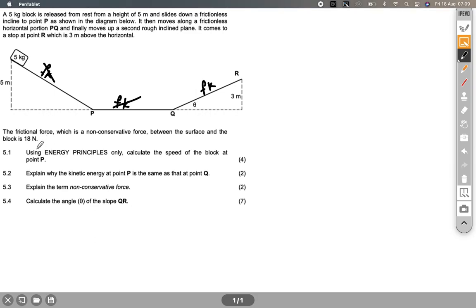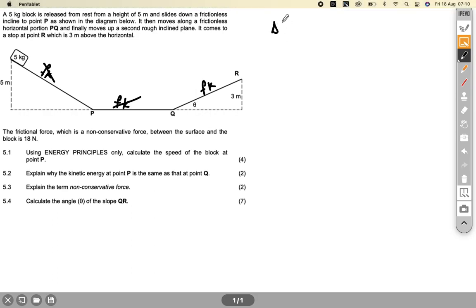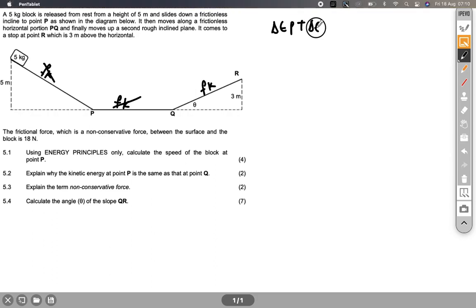Using 5.1, using energy principles only, calculate the speed at point P. Okay, so since we are dealing with work, energy, and power, we can say change in potential energy plus change in kinetic energy is equal to the work done by a non-conservative force.